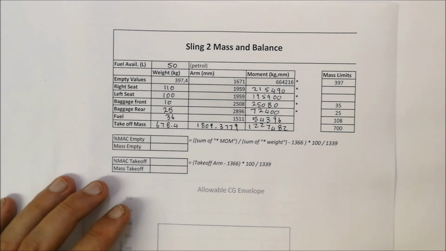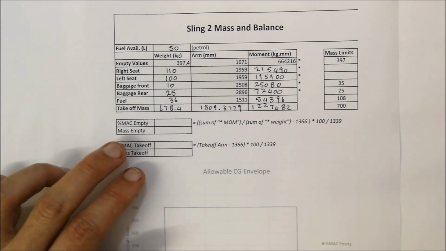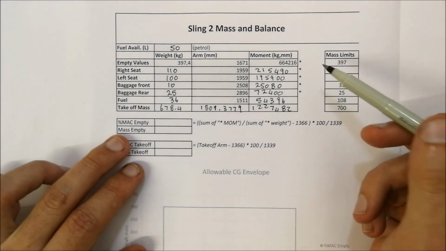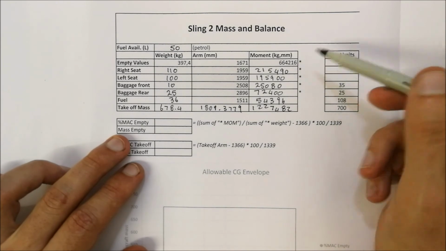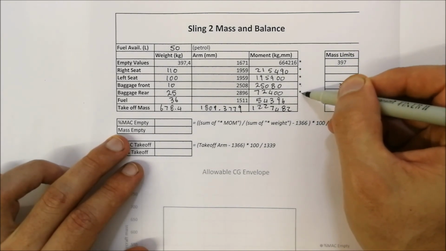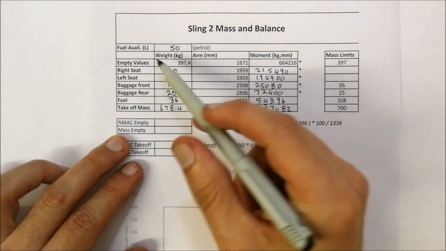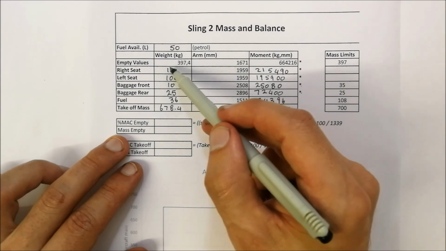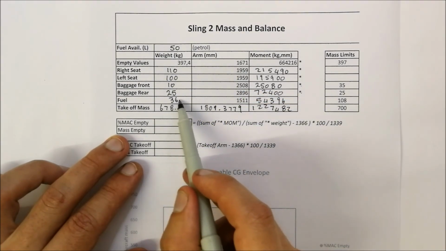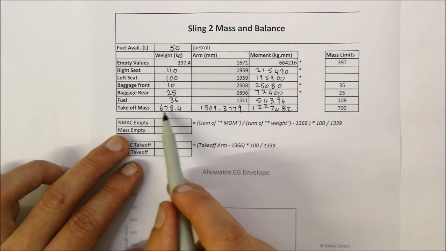Okay, now that we've done that, we need to calculate the percentage Mach when it's empty. So we're going to take the sum of these values over here with the asterisks next to them, and divide them by the sum of the weight over here. Remember, the empty weight of the aircraft is taken into account as well, except for the fuel weight over here. So we can't take this final takeoff mass value, it won't work.